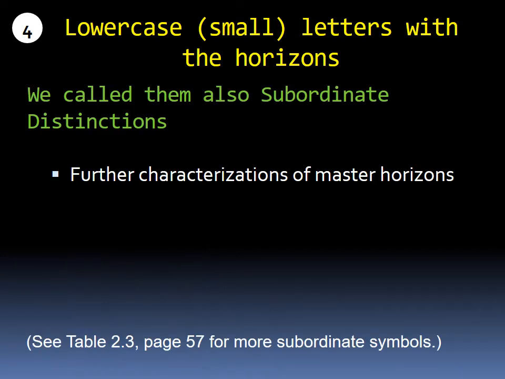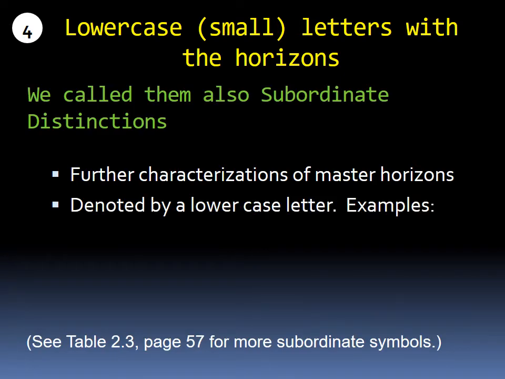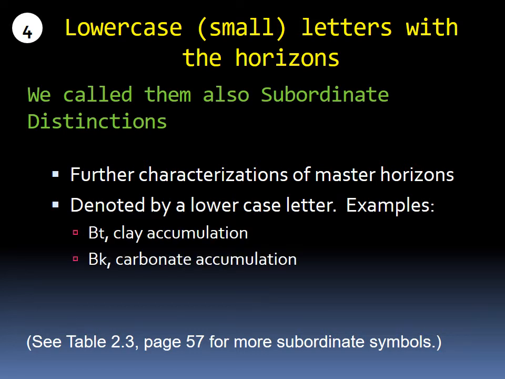Look at this slide. We can call these small letters subordinate distinctions, but don't worry about the term. What I want you to know is that these small letters added to the main horizon give more information about the horizon.